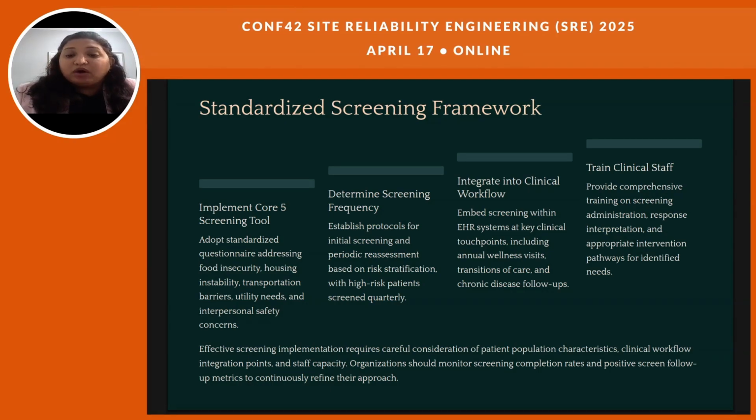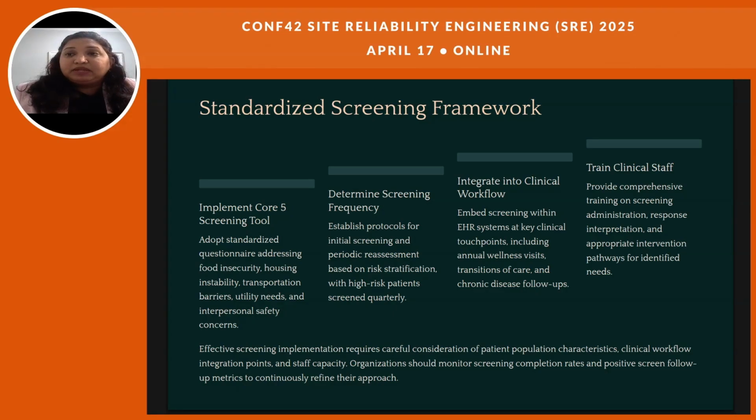Organizations have to monitor screening completion rates and positive screening follow-up metrics to continuously refine their approach. There are a couple of ways to do it. Number one, implementing the Core 5 screening tool, which is adopting a standardized questionnaire addressing food insecurity, housing instability, transportation barriers, utility needs, and interpersonal safety concerns.